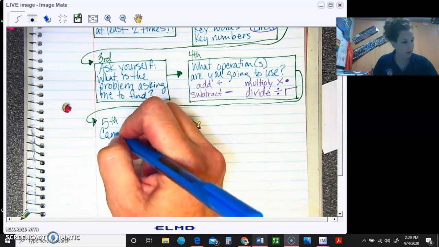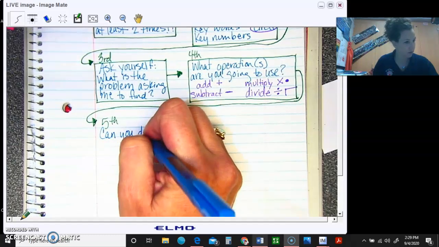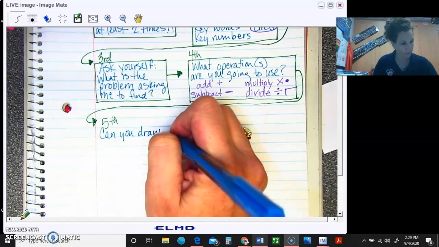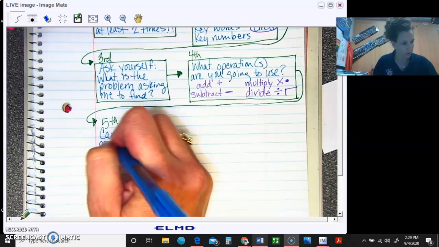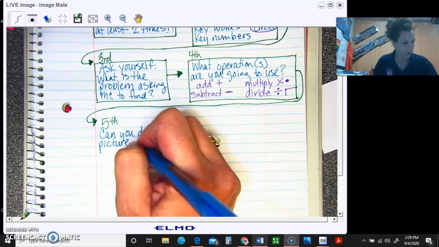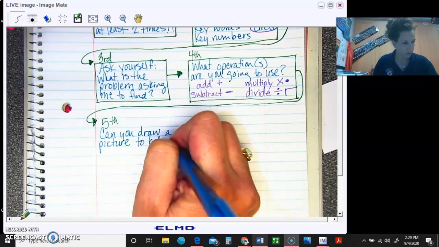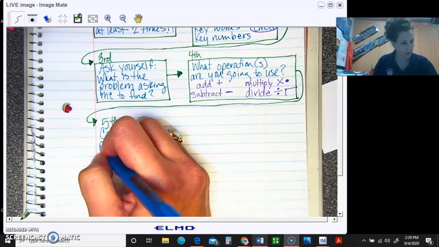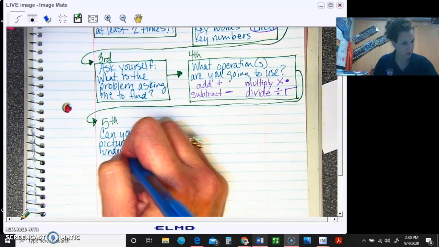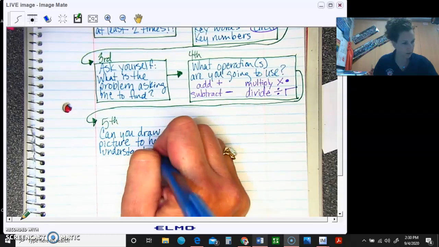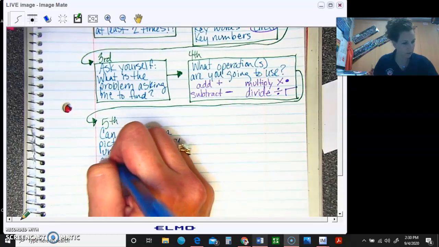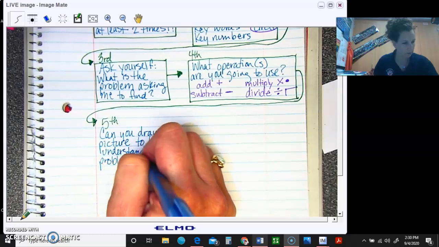Okay? Can you draw a picture to help you understand the problem better?